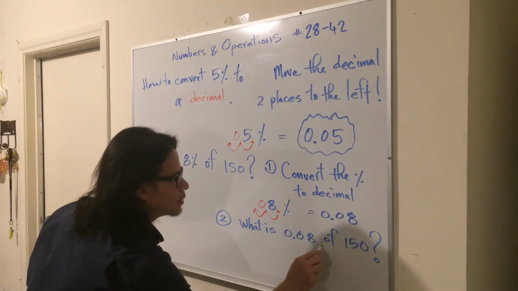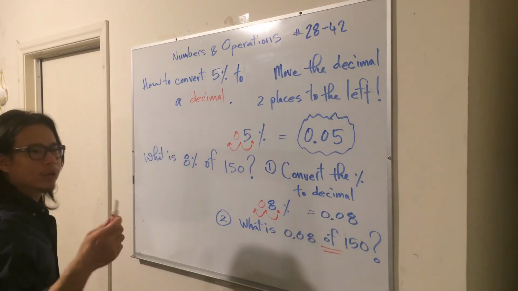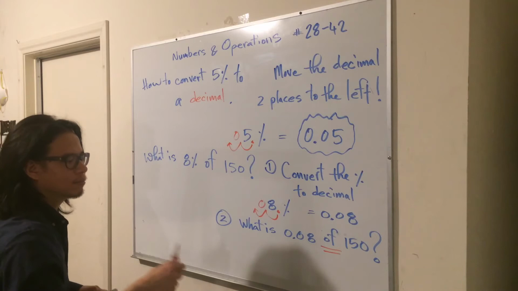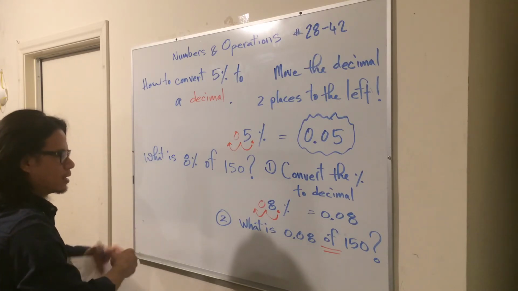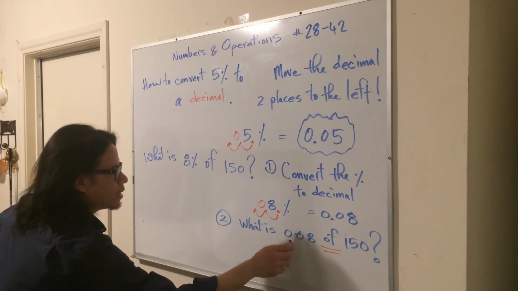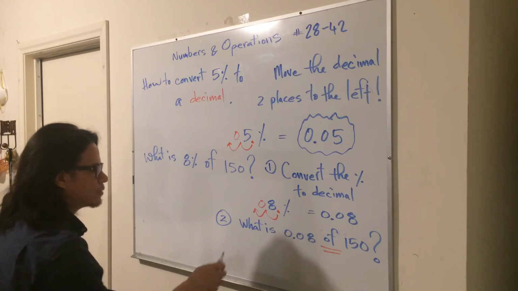Remember, this is one of our keywords here: of. Whenever you see it, think multiply. So take 0.08 times 150.